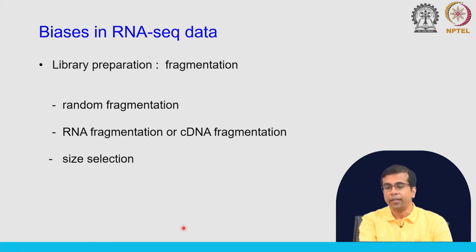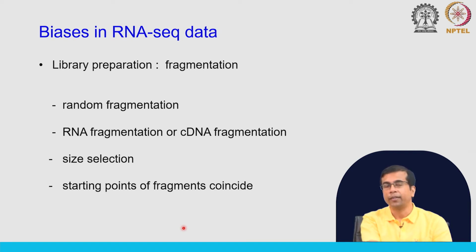This has been observed in many experiments, that these starting points of fragments actually coincide quite often. This is not supposed to be the case. If fragmentation is random, then you should see a lot of different starting points for fragments. But what researchers have observed is that their starting points often coincide, suggesting that this is not a random process.